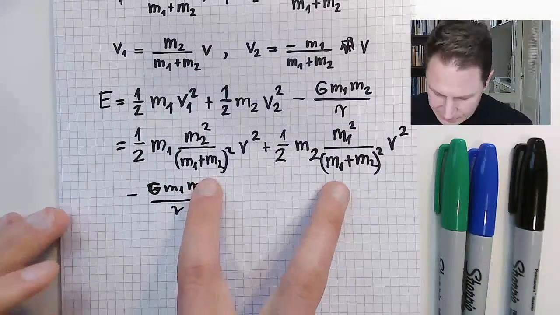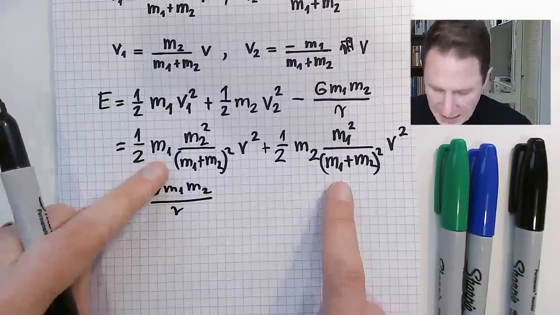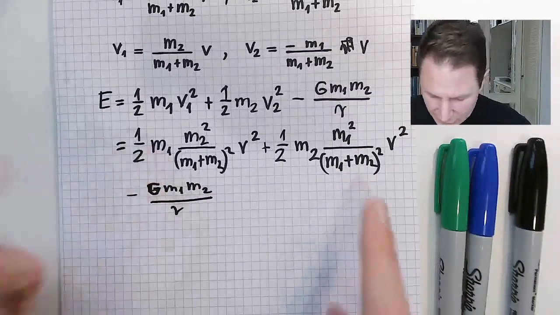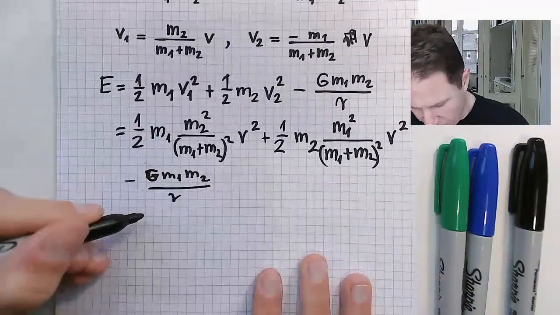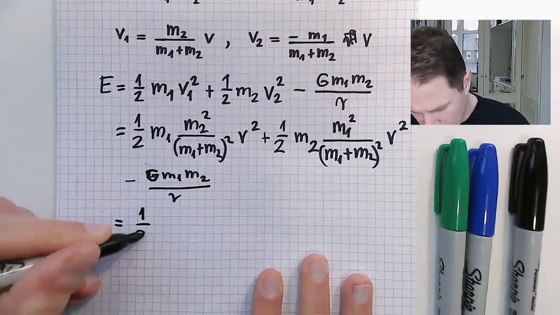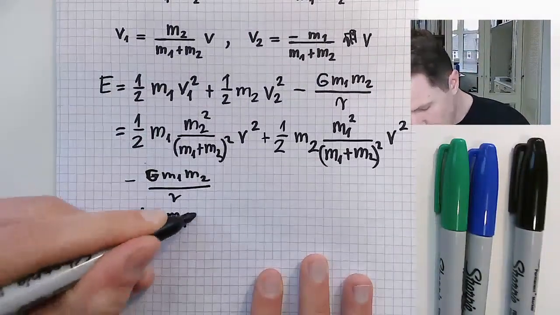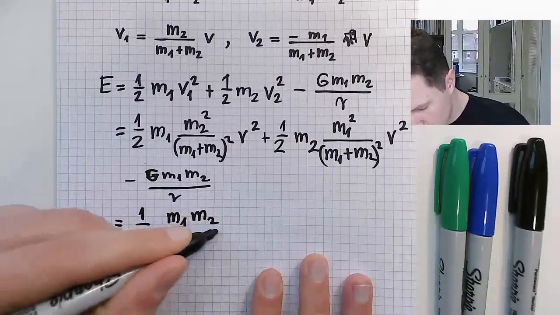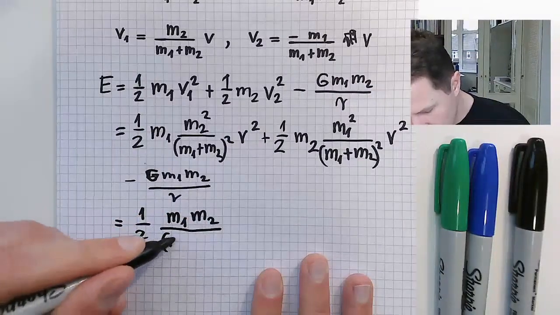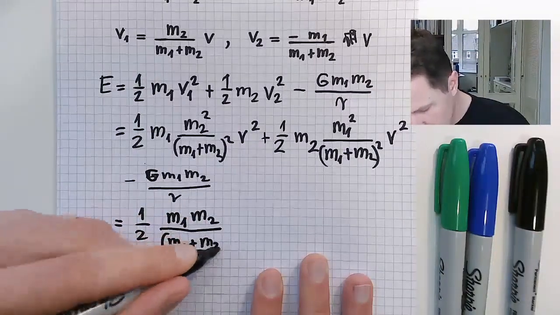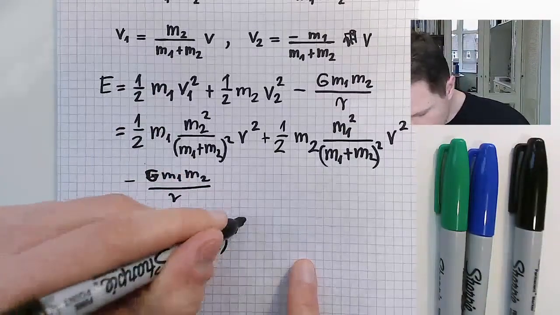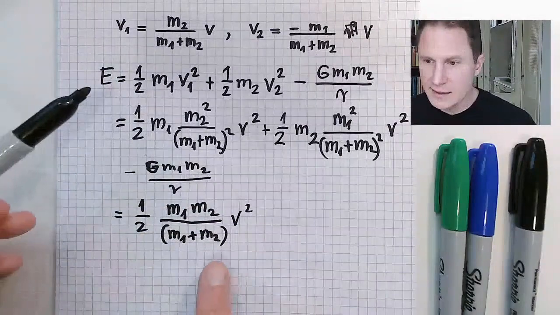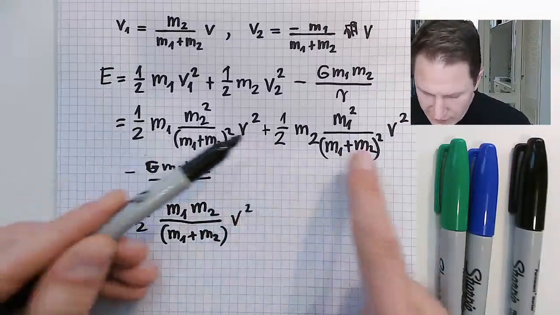But the point here is now we have this combination of masses. So if I write 1/2 times m1 times m2 divided by m1 plus m2, times v squared, I collect these common factors from these terms.